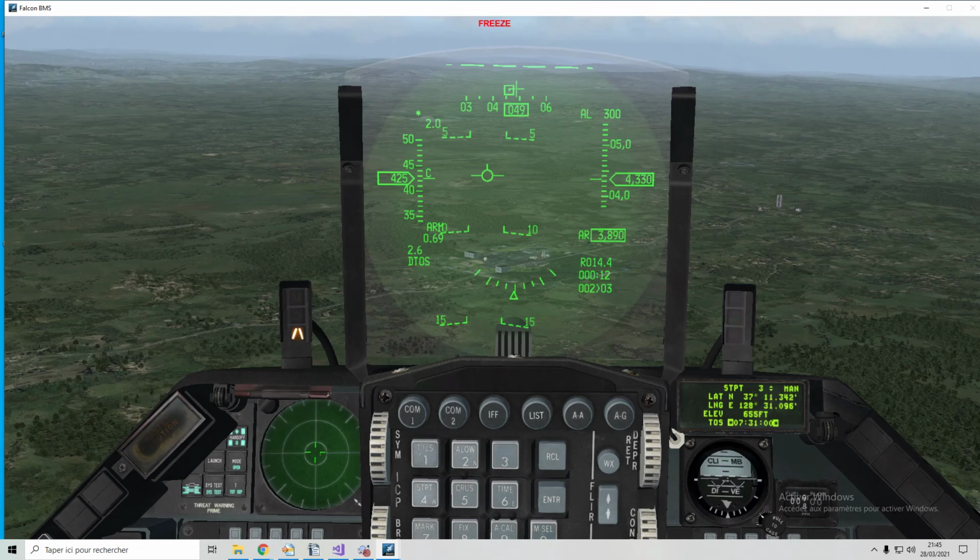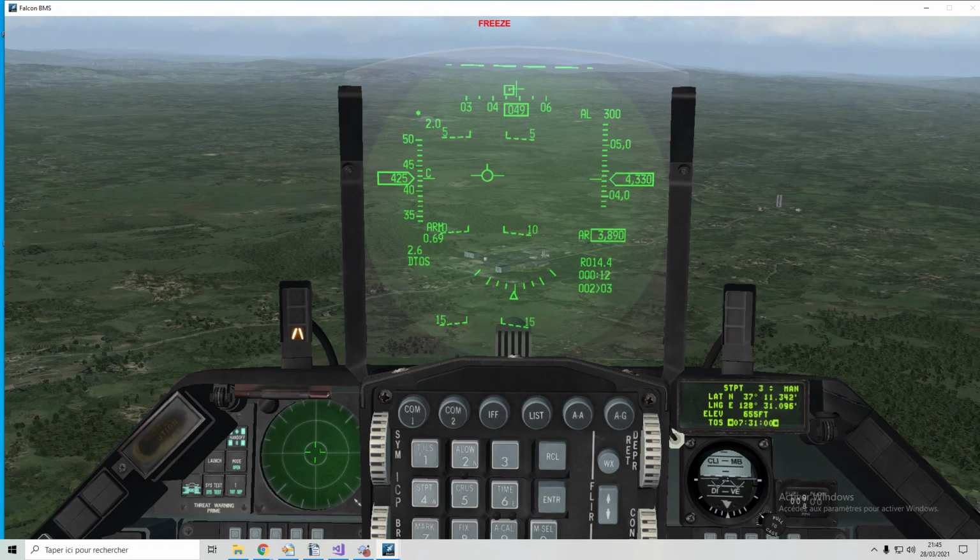By difference between the altitude of the aircraft that is coming from the INS, GPS or barometric, it subtracts the altitude from the radar altimeter, and by deduction, it finds the ground elevation.